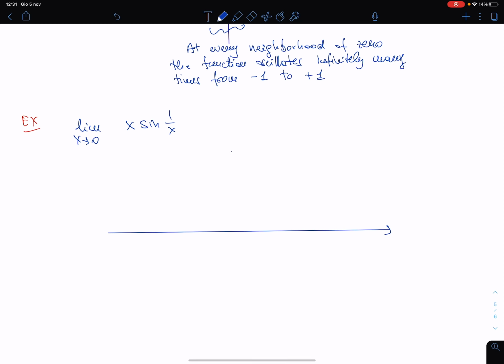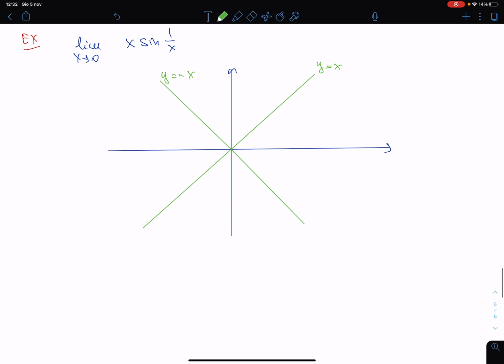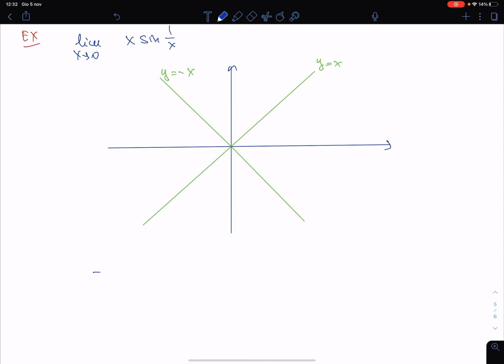The picture here is the following. So let me draw these two lines, y is equal to x. And here y is equal to -x. And start from this basic observation that -1 is not larger than sine of 1 over x, which is not larger than 1.